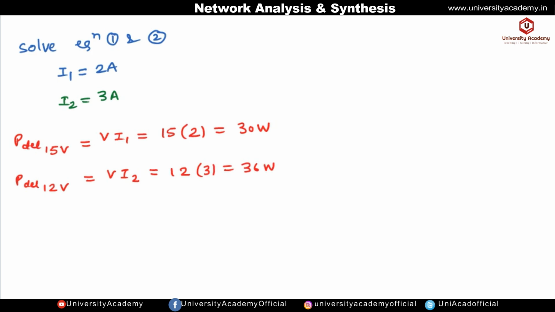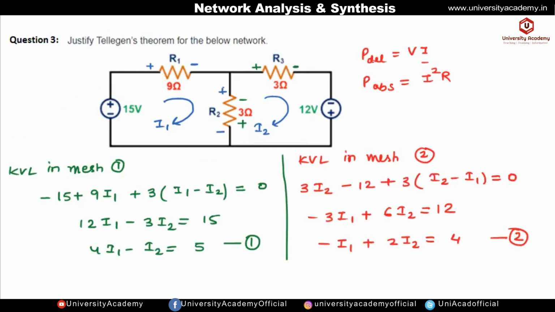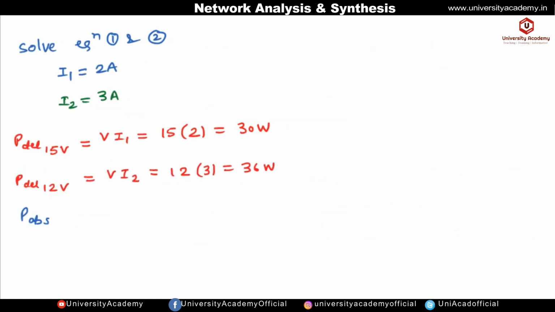Now let us find out the power absorbed. First, the resistance is 9 ohm. Power absorbed by the 9 ohm is given by I square into R. The current flowing through the 9 ohm resistance is I1, so I1 value is 2 squared and the resistance value is 9 ohm, so this is 36 watt.